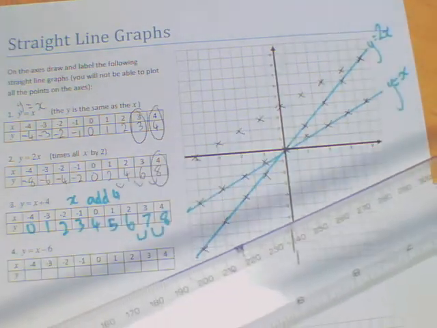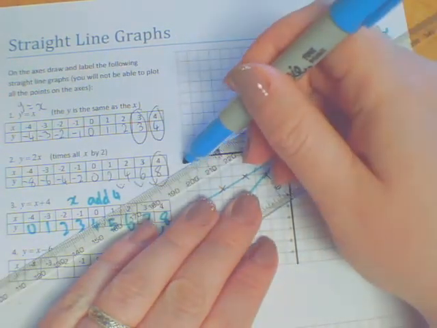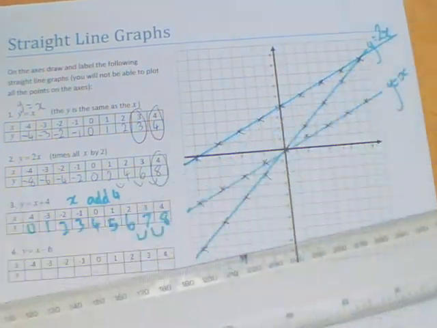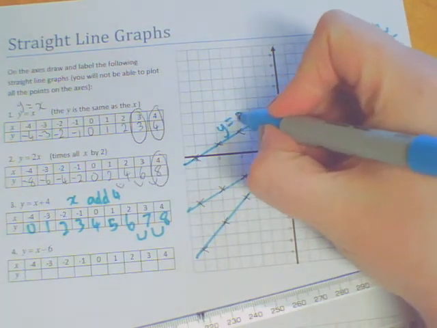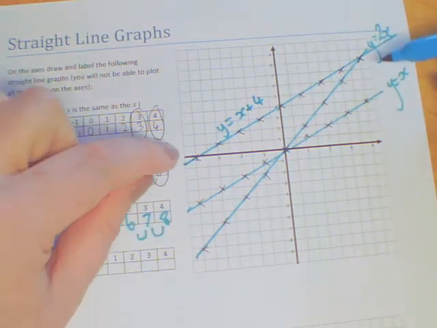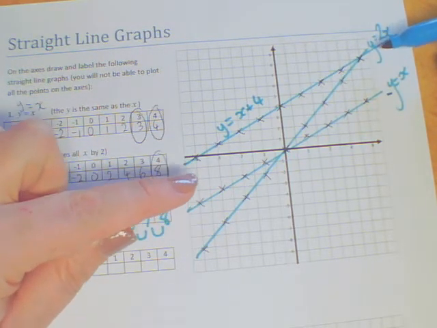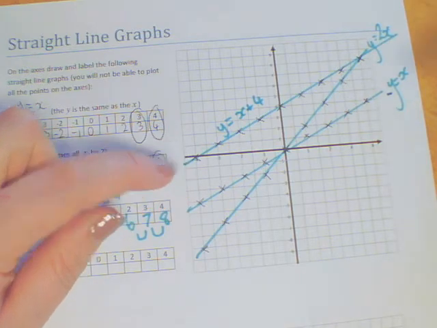And again, you can join those up with a straight line. So that's y equals x plus 4. You'll see it's parallel to y equals x, it's just been shifted up by 4 places.